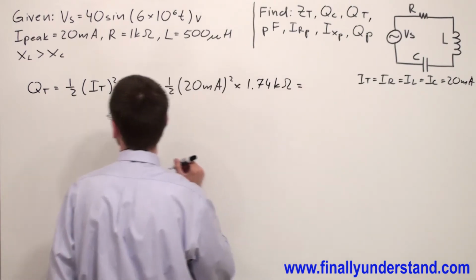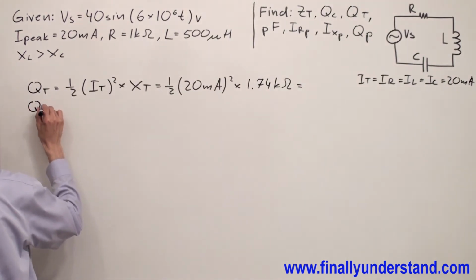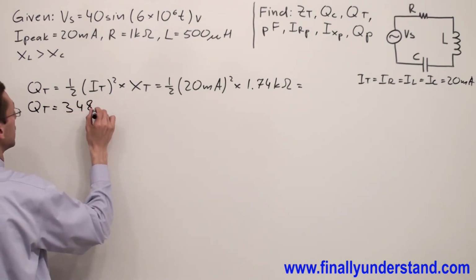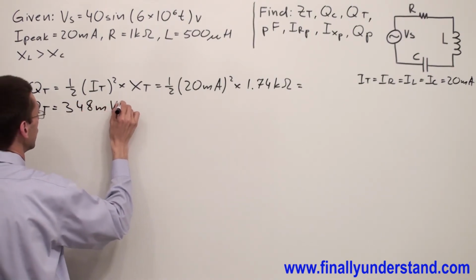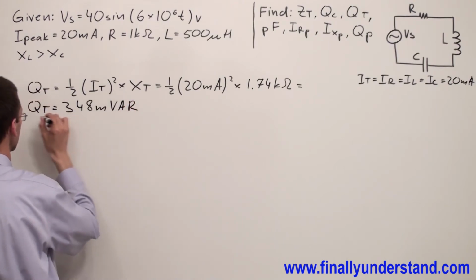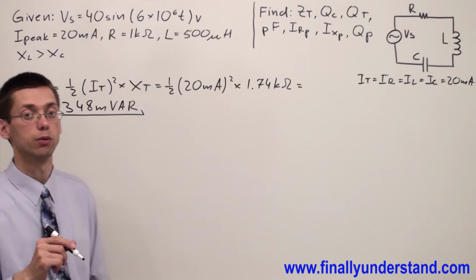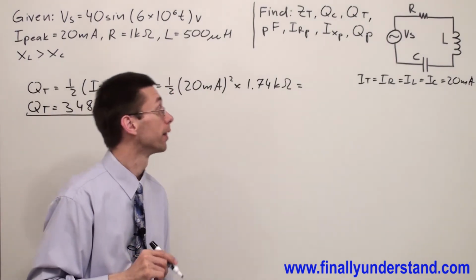Everything is equal to 348 millivolt ampere reactive. So this is the total reactive power in my series RLC circuit.